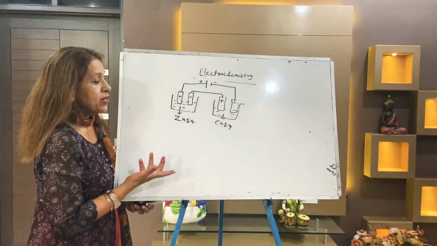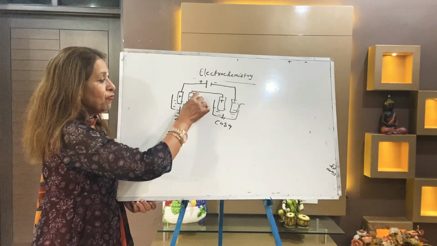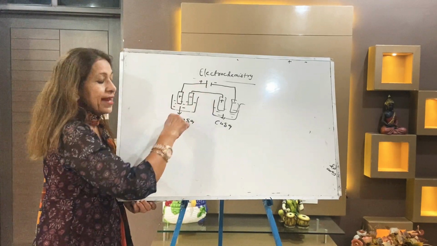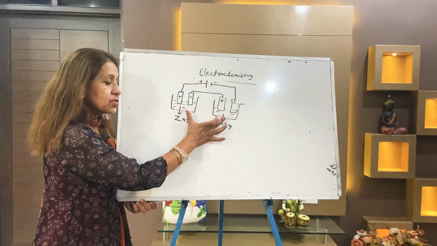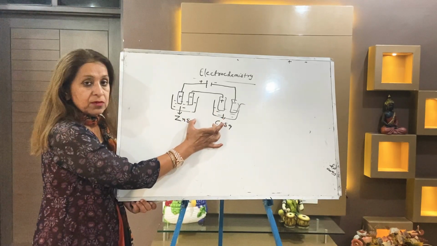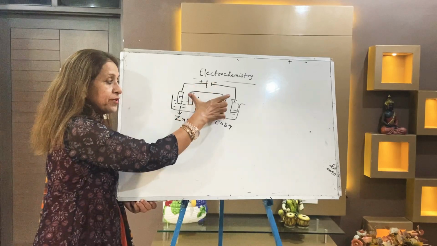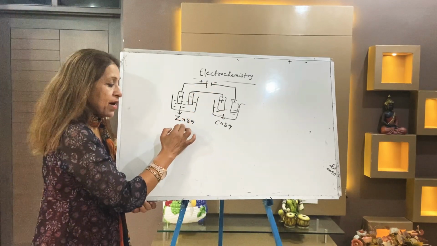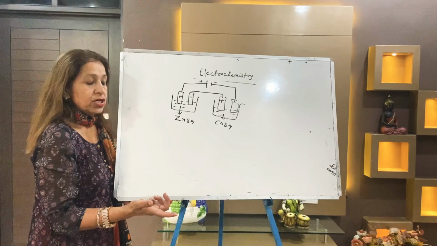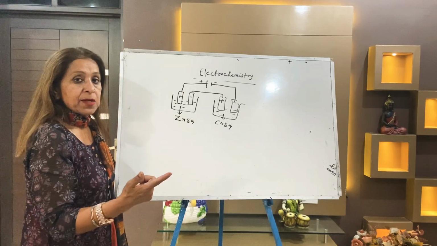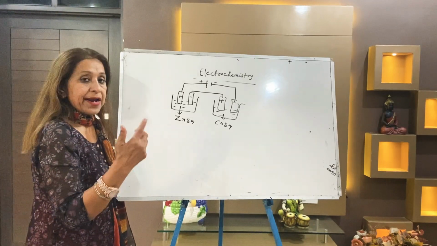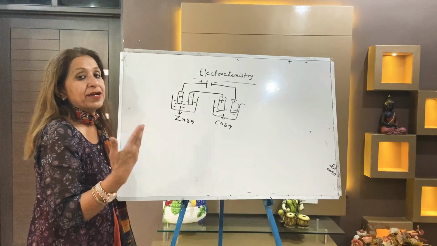Now from the diagram it is very clear: when the same quantity of electricity is passed in different solutions, then the amount of substance liberated is directly proportional to the equivalent weight.